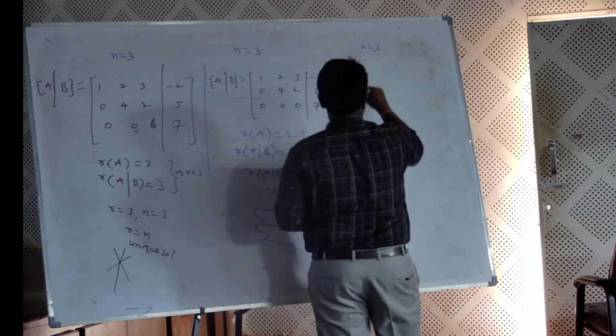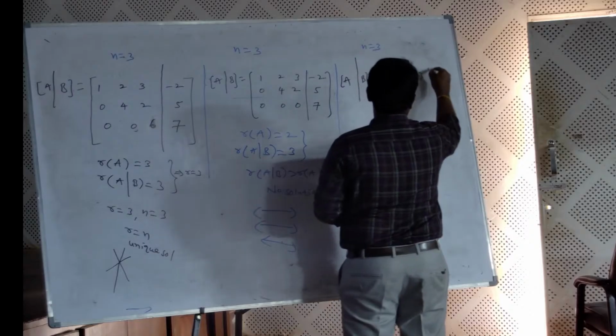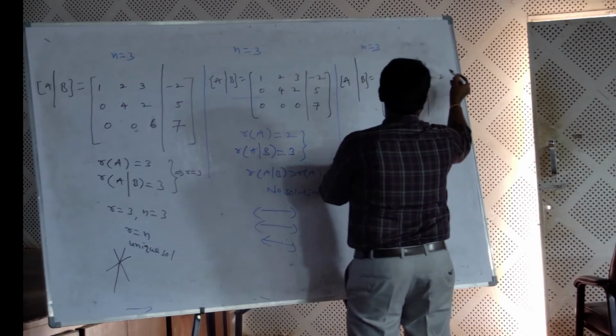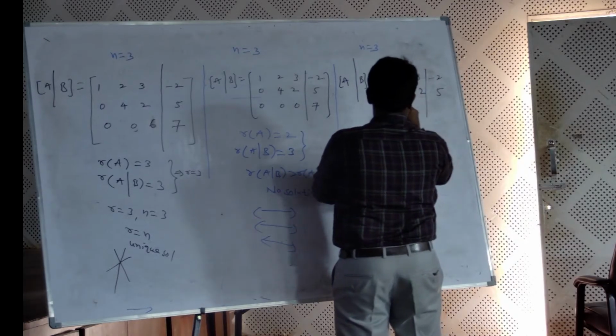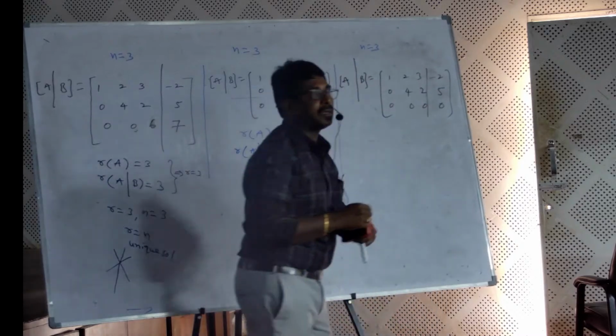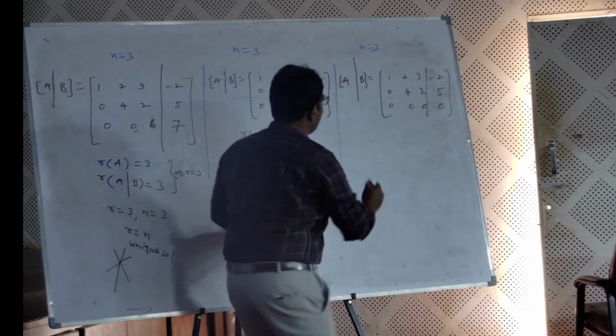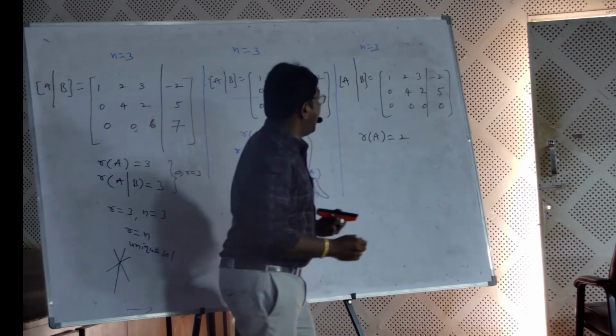Okay. A, B, 1 2 3 -2. 0 4 2 5. 0 0 0 0. Now you concentrate. What is the rank of A? What is the rank of A by B?